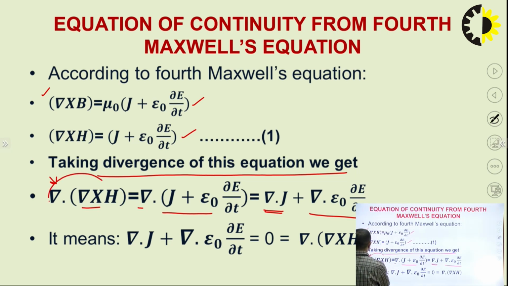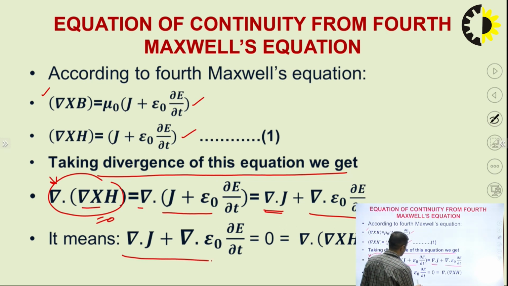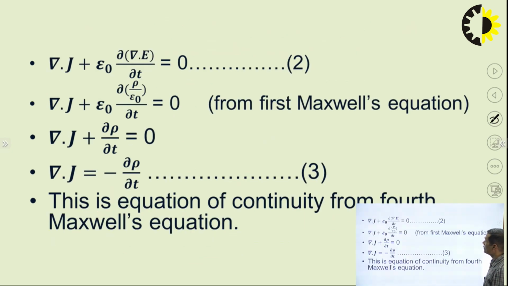That means the left hand side becomes 0, so the right hand side will also be equal to 0. Then we have the equation del dot J plus epsilon naught del dot dE by dt equal to 0.